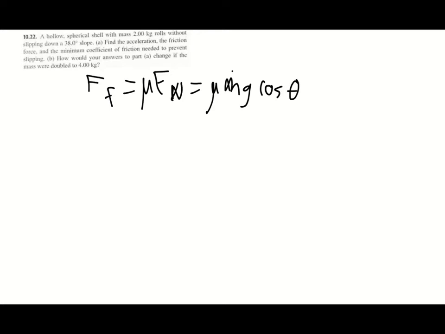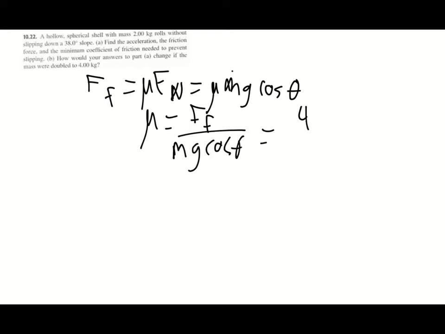If you want to convince yourself, go back and take a look at the free body diagram and the Newton's second law equation we made in the y prime direction. So what that means is that mu is going to be the frictional force over mg cosine of theta.